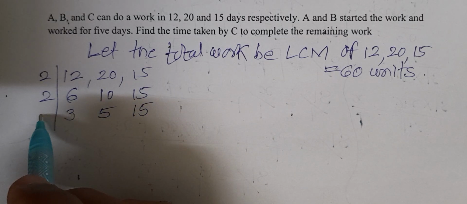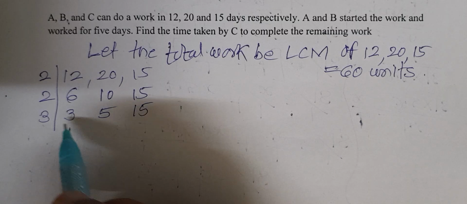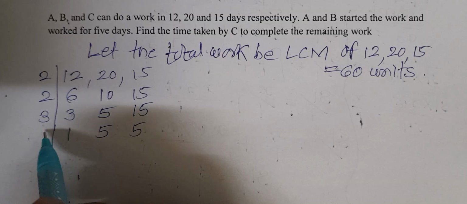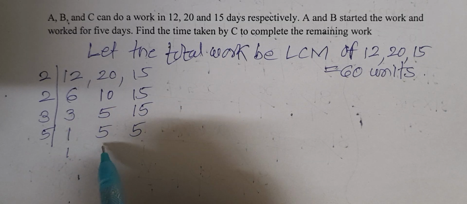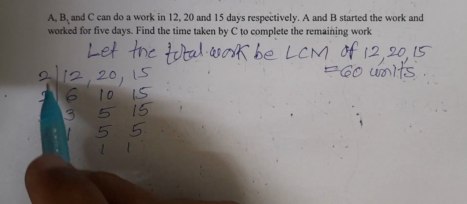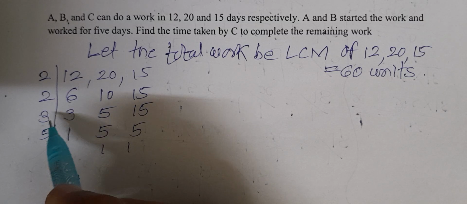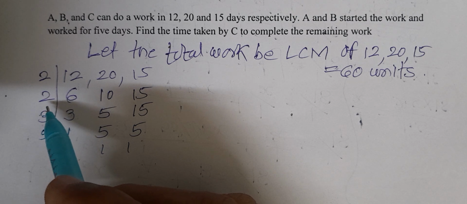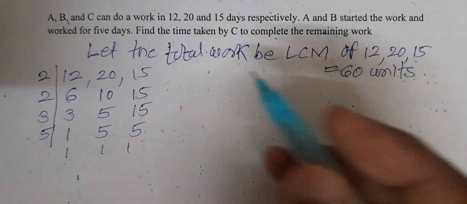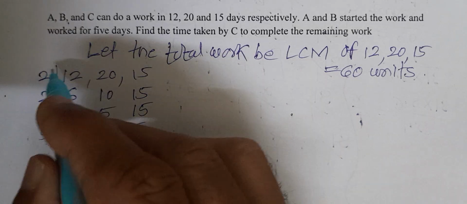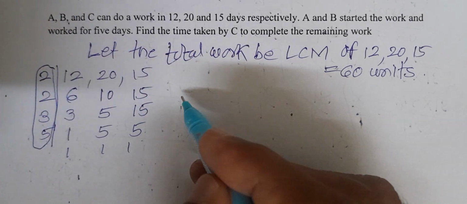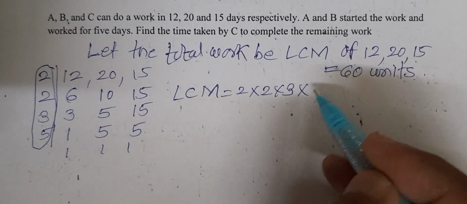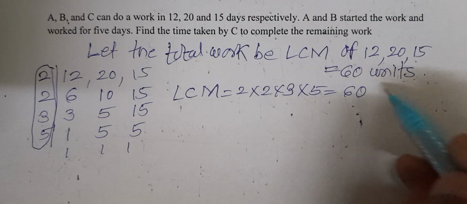Again 3 ones are 3, 5 as it is, 3 fives are 15. Again we take 5, so 1, 1, 1. Now we have to take the product of these: 2 into 2 into 3 into 5, that is 60 units.